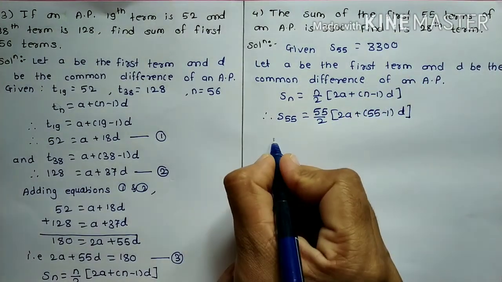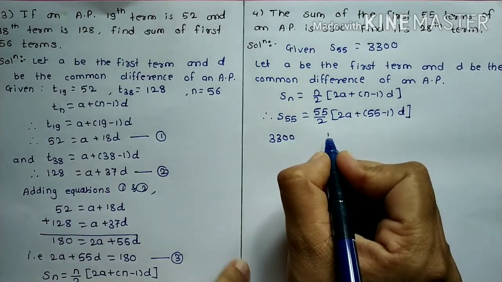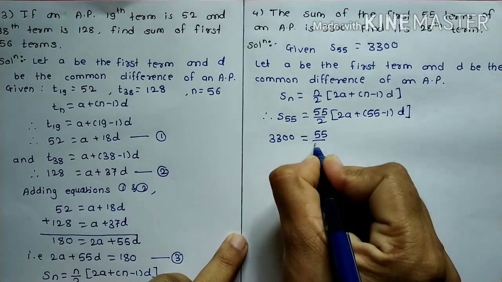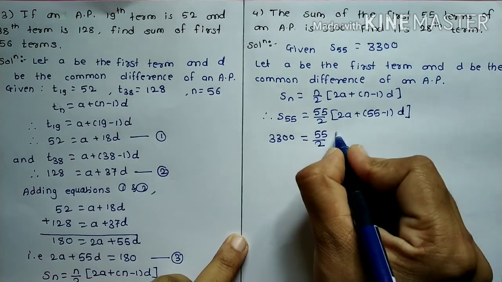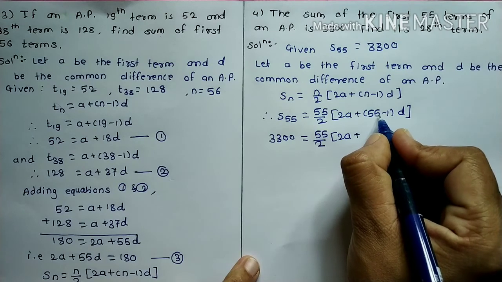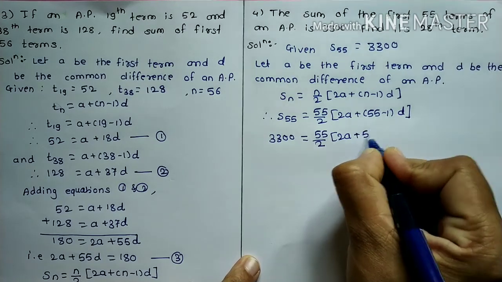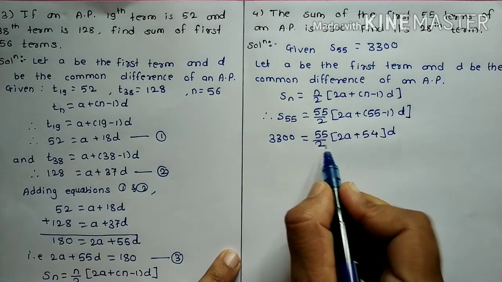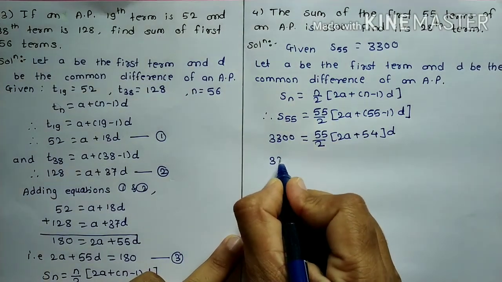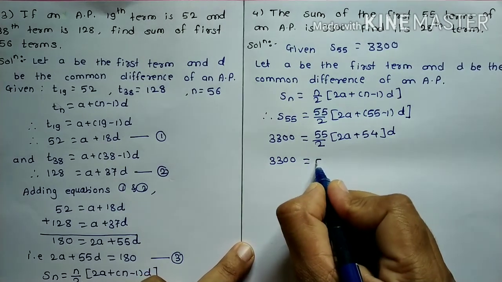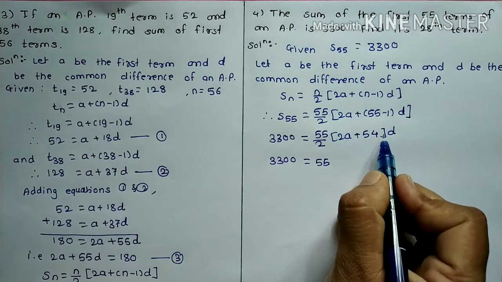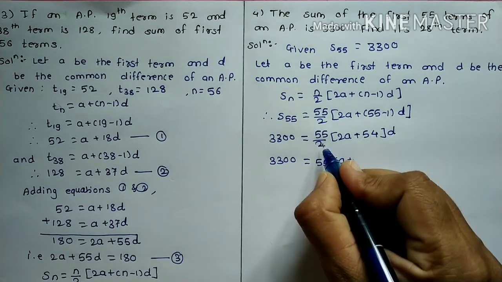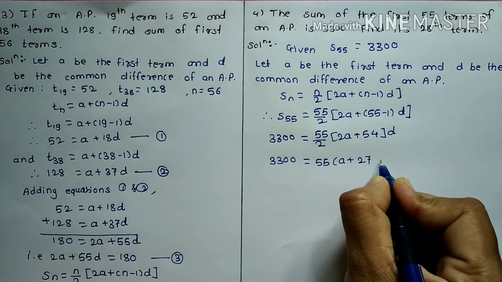S55 is what? 3300 equals 55 upon 2, 2A plus 55 minus 1 is 54 into D. Now 3300 equals 55 into, divide 2 into this bracket, the 2 gets cancelled, A plus 54 divided by 2 is 27D.